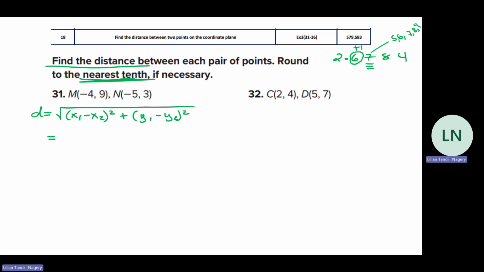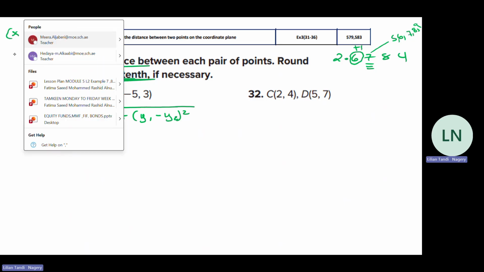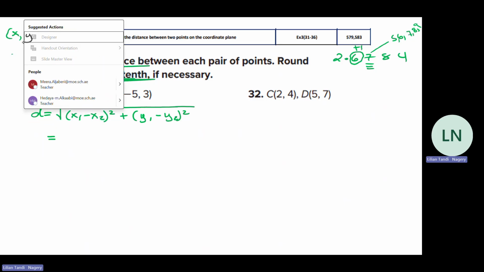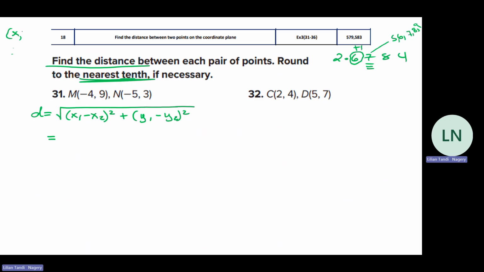Now, these numbers written like this are called an ordered pair, a coordinate, or a point. The question can ask this in different ways. So, a number written in the format of x, y is called a point.